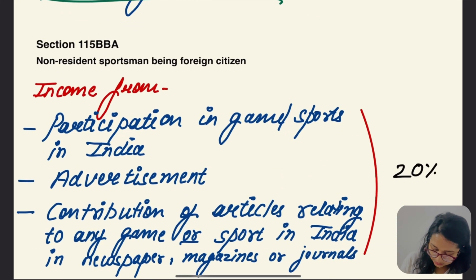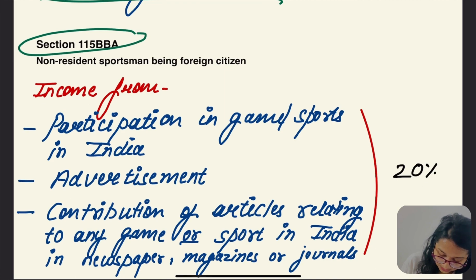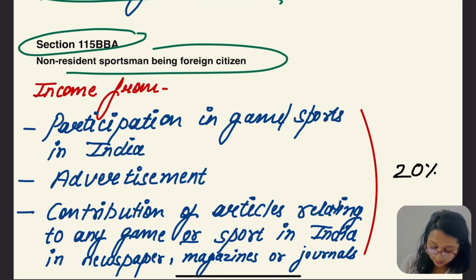Okay, now let's go to section 115BA, which is about a non-resident sportsman being a foreign citizen.